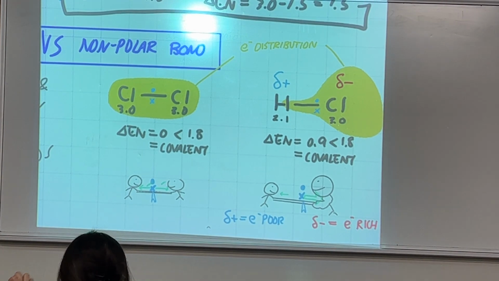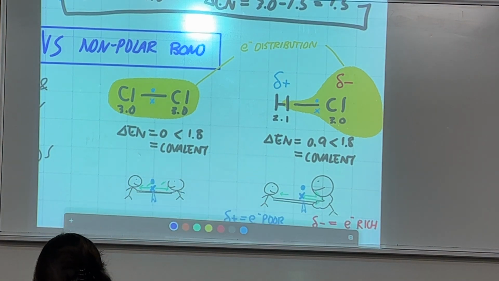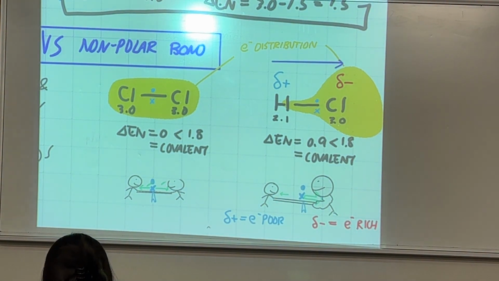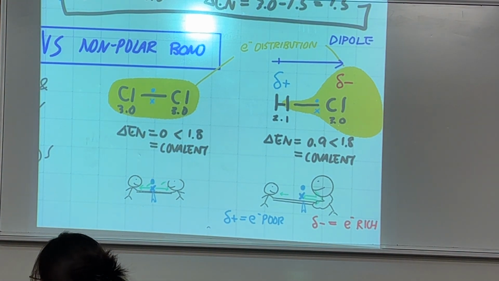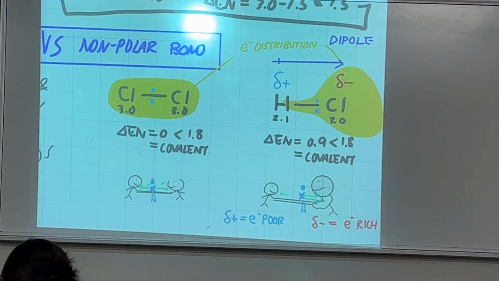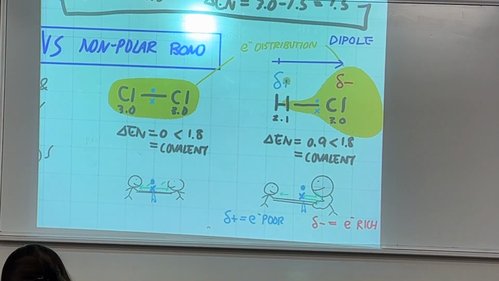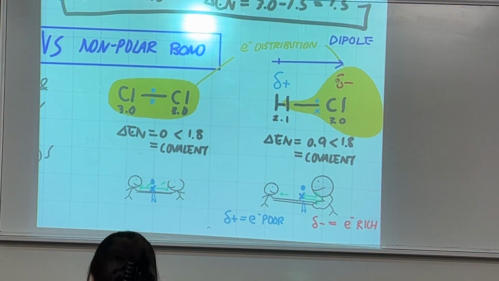And in chemistry, we need to draw another thing known as a dipole. Take a look at the word dipole for a moment. Di means two. Pole, there's a positive pole and a negative pole. So a dipole, therefore, is an arrow that points from the delta positive end to the negative end of the molecule.